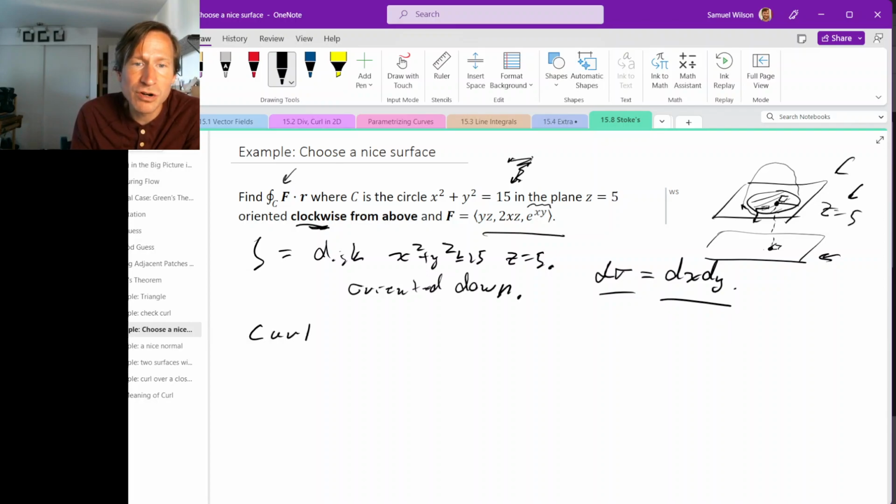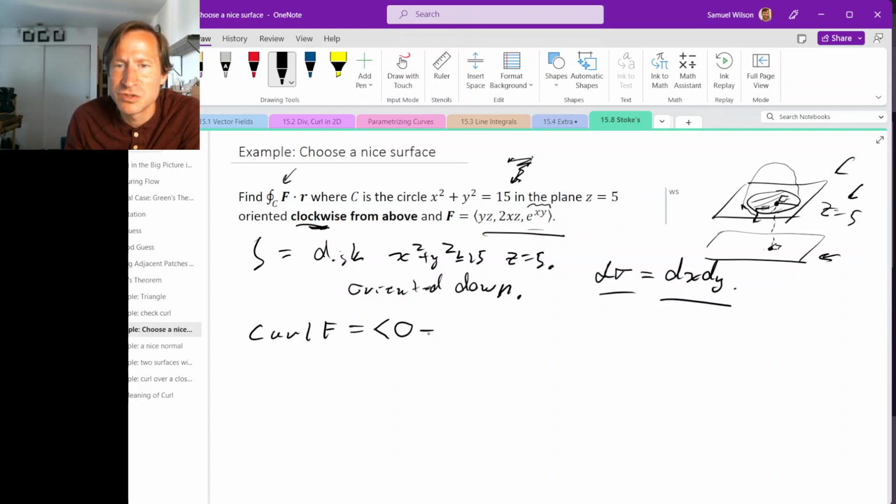Let's figure out what the curl of this vector field is. As long as the curl doesn't turn out too messy, I'd say the surface integral is going to be the way to go on this one instead of the line integral. So let's see, we need the partial derivative of p with respect to z. That's 0. That's nice. That knocks out all of the exponential stuff.